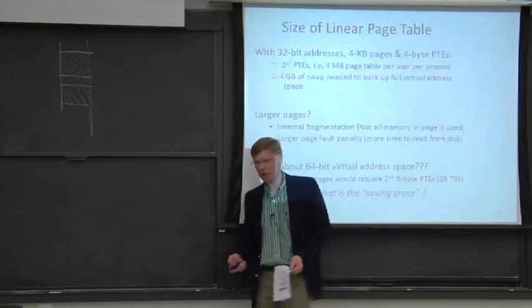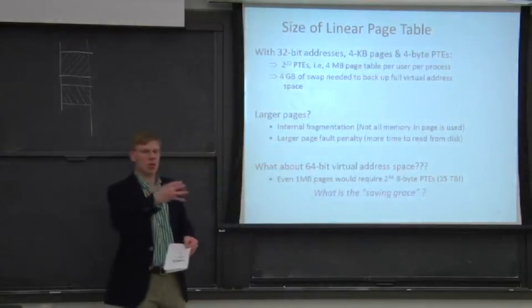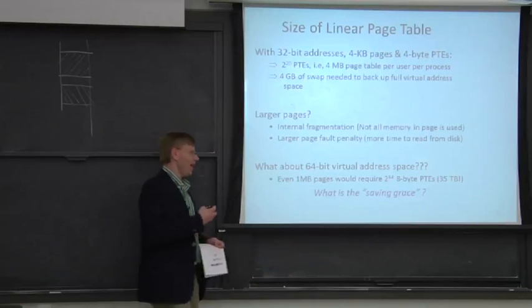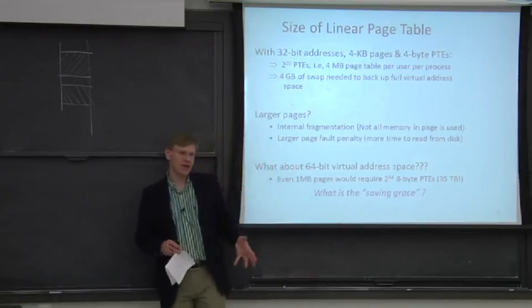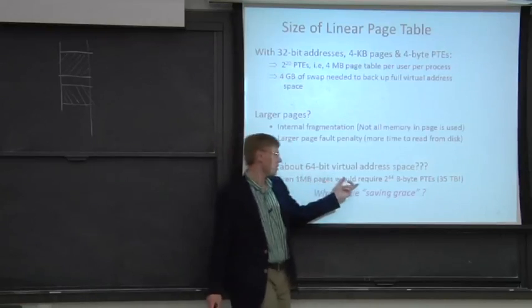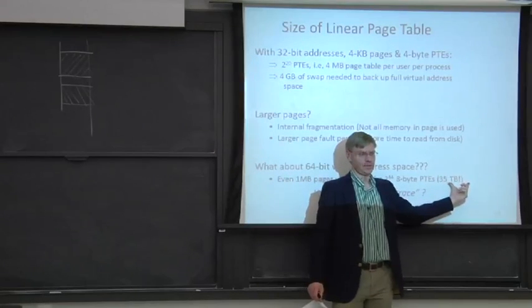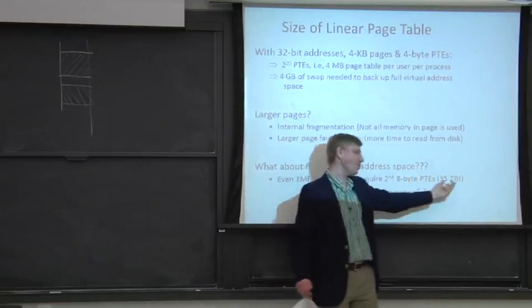So we can go with a sparse representation of our page tables that only has the portions of the page table that we actually need. And it's possible that if every single page in your page table is filled out, you may not be able to get away with a sparse representation, and you might need all 35 terabytes to map one process. That's just one process. If you have 1,000 processes, multiply this by 1,000.